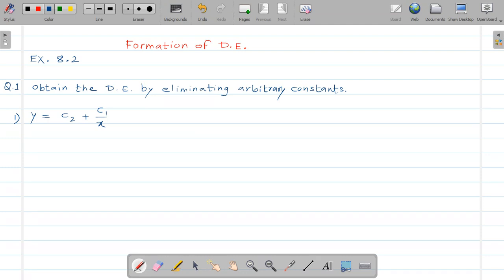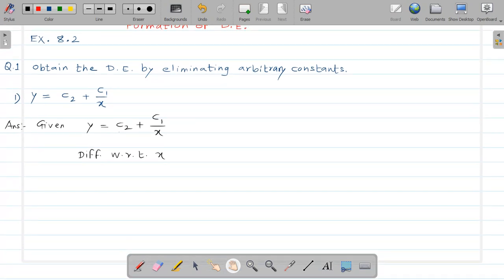Okay, so in the answer, first of all I will write the given, that is y is equal to c2 plus c1 upon x. Now if you differentiate this with respect to x, c2 is a single constant, so that can be removed by taking the derivative.